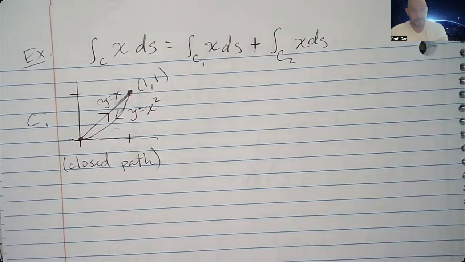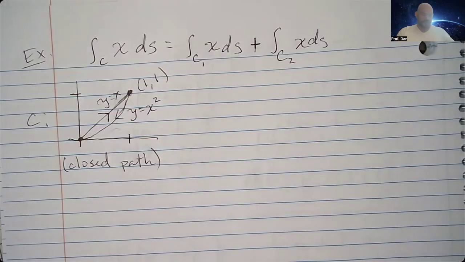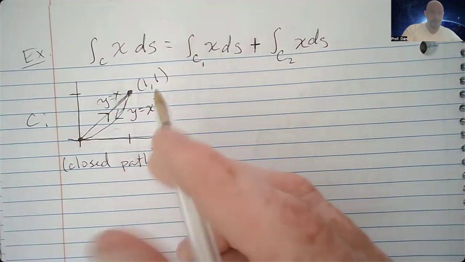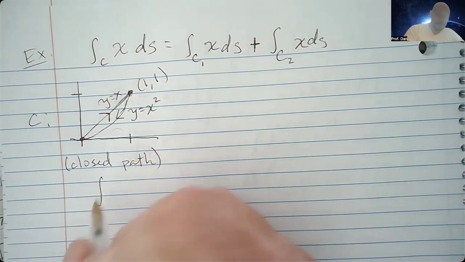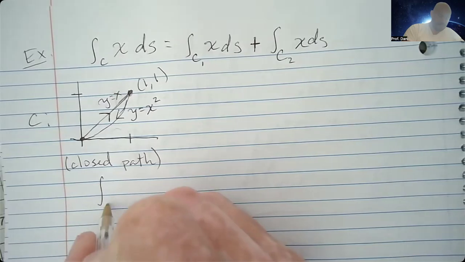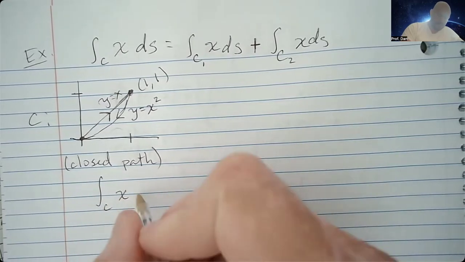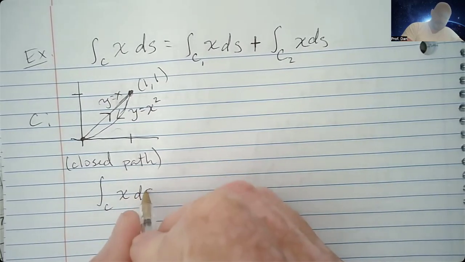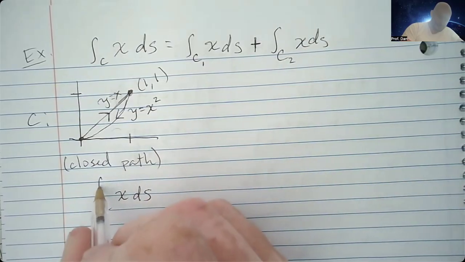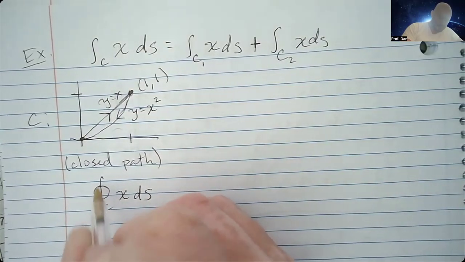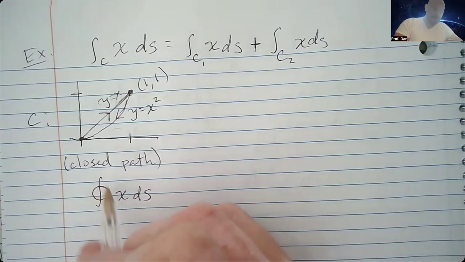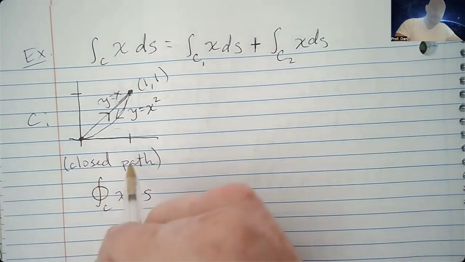Because this is a closed path, there's also a special notation that we could use to note this. You might see this when you take more advanced classes in your major. So the little circle indicates that this is a closed path.